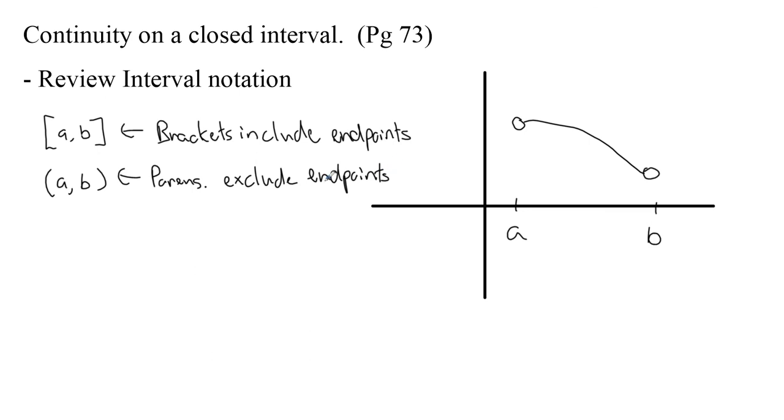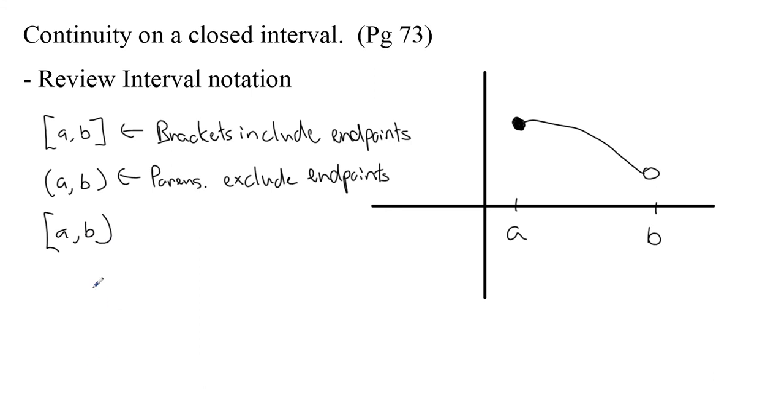All right, and so it also stands to reason that we could include one endpoint and exclude another endpoint. So let's say I had something like this, where it was closed in on one side and open on the other side. Well, this would be A with B open.